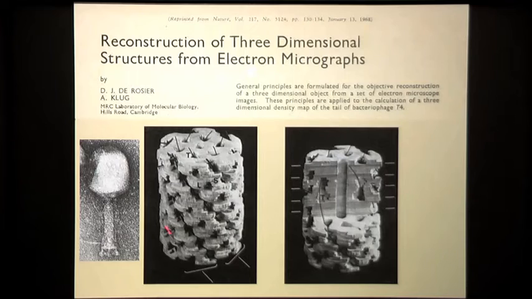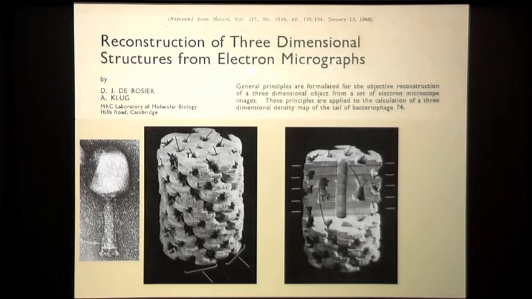So the problem that you're faced with is to recreate from such an image or set of images a three-dimensional map. Now, pretty obviously, for a general case, if you take one projection of some kind of three-dimensional specimen, then you won't.